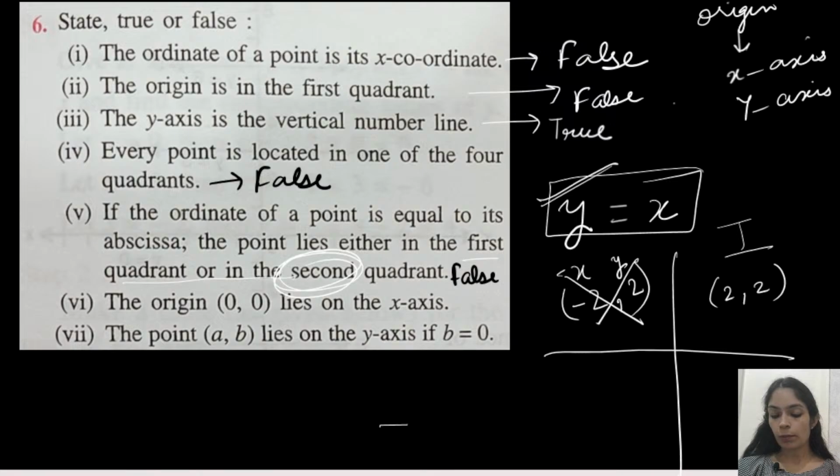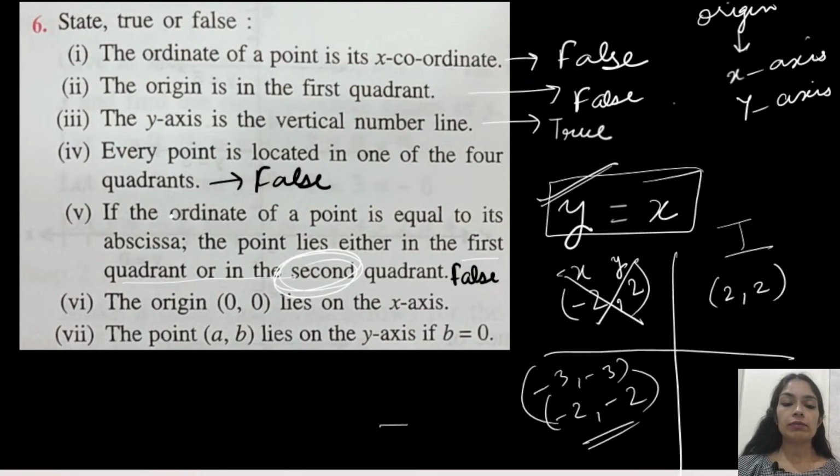Nikhil answered (0, 0). And yes, Nikhil has given the answer third quadrant. Yes, because in the third quadrant both x and y are negative, so they can be equal. If the question said first and third, then this would have been true. So the fifth one is false.